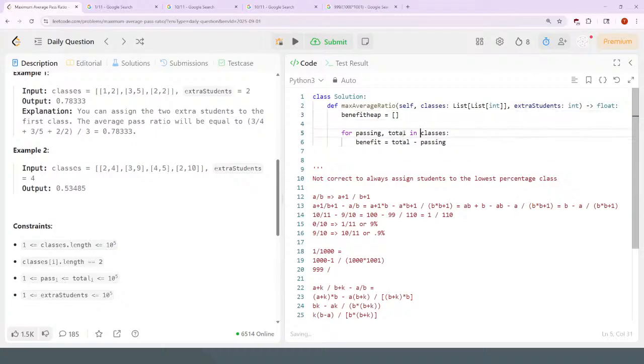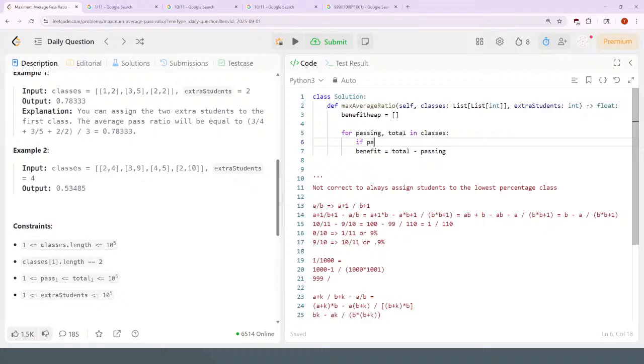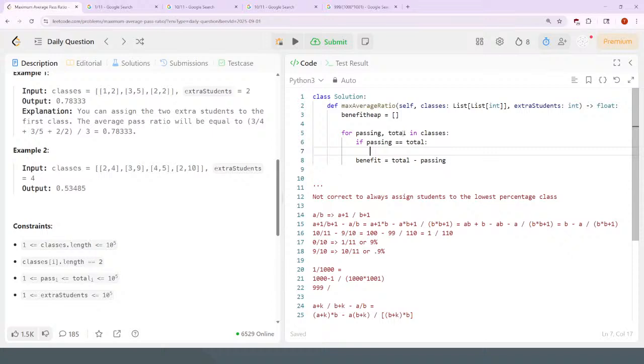Yeah, maybe if passing equals total, then just skip this class.